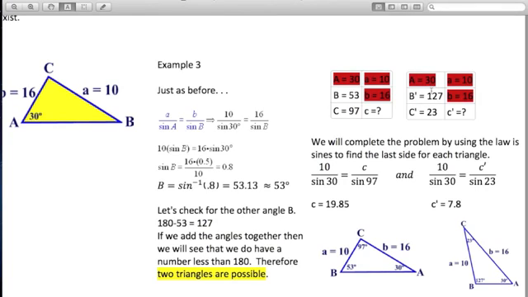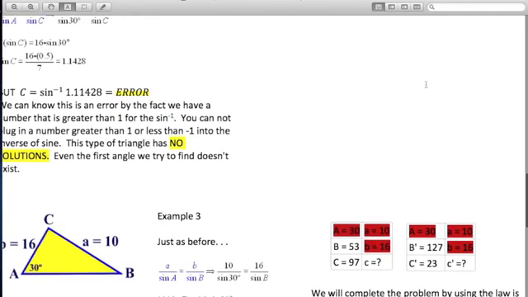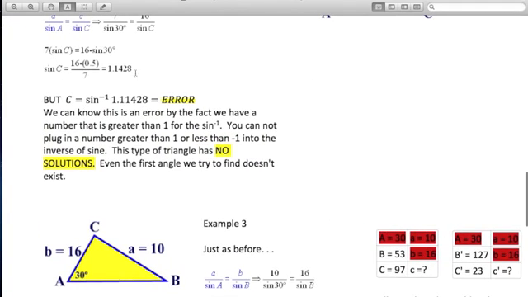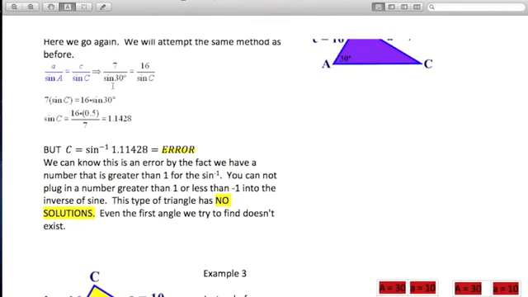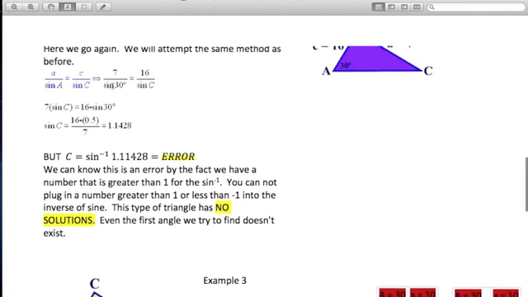I'll plug in my 127 here, and then I've got two different scenarios, and I'll just solve them like I would solve any other triangle. Okay, going back, if we have a sine of C equals a number bigger than 1 or less than -1, automatically we know that there's no solution, because I'm not even going to get an answer out of my calculator for the first triangle.